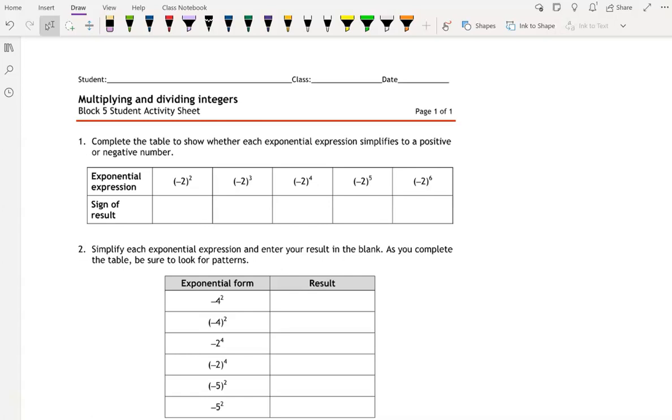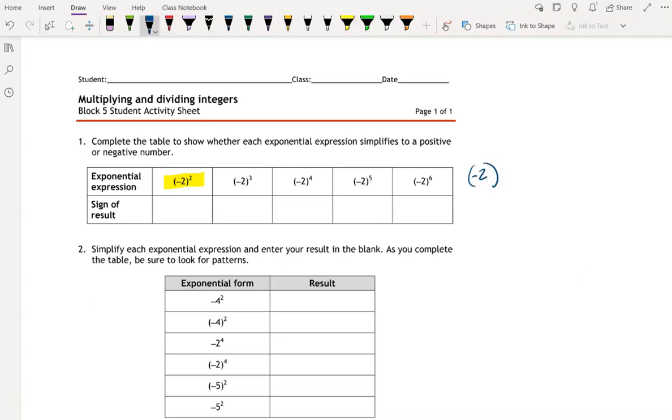First of all, we're going to complete this table to show whether each exponential expression simplifies to a positive or a negative number. So what I want you to keep in mind as we're working through these is, what does each of these things mean? First off, let's look at negative 2 to the second power. I'm going to write it over here.